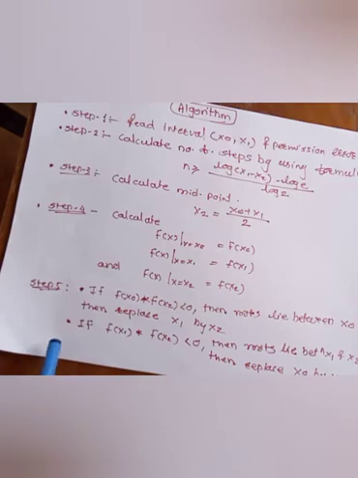Get it? Okay. The second condition is like this. If f of x1 into f of x2 is less than 0, then the root lies between x1 and x2. Then you have to replace x0 by x2. So here you must write this condition.